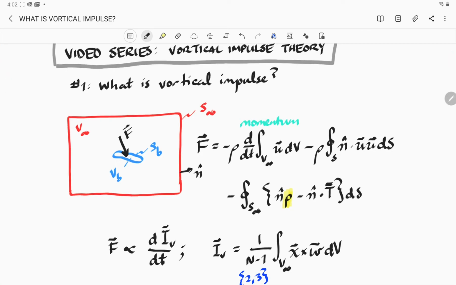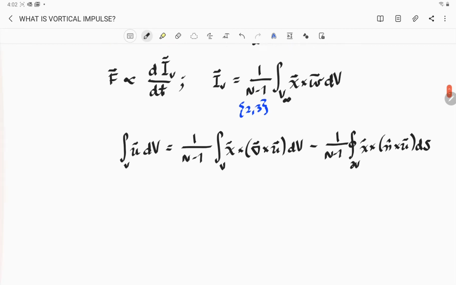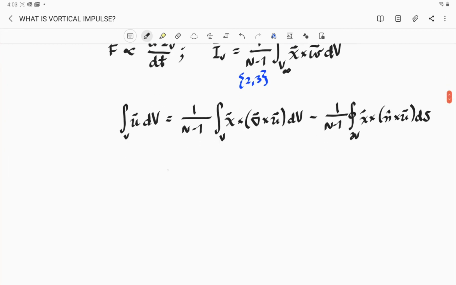We'll have it pointing outwards on S infinity, but because it's sort of strange to have an inward facing normal here, I'm also going to have n facing outwards on the body. So what that is going to mean is that this is going to be equal to, I'll introduce the definition of vorticity here, and we're going to have minus 1 over n minus 1, this integral over S infinity.